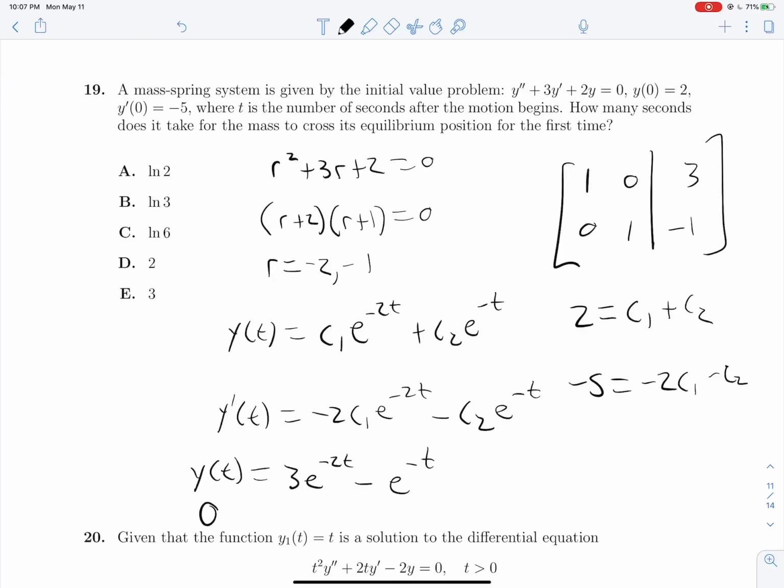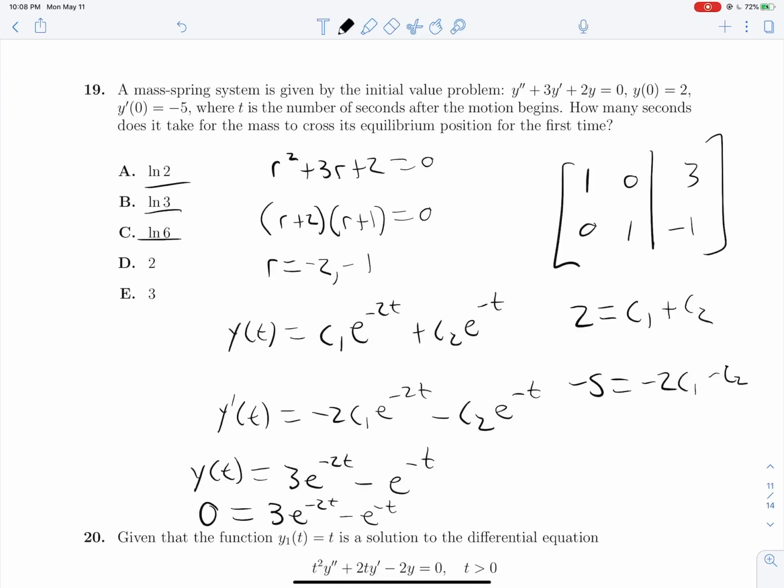So solving for t, 0 is equal to 3e to the negative 2t minus e to the negative t. And from this point, you can really solve for t however you want. I tried to do it, and whatever I was doing was not a very good way of going about it. But worst comes to worst, we would expect our answer to involve natural logs in some way.